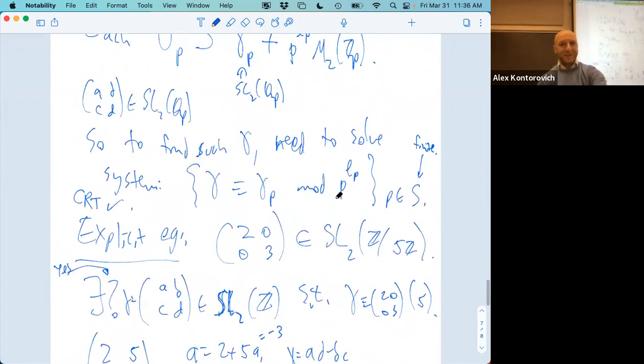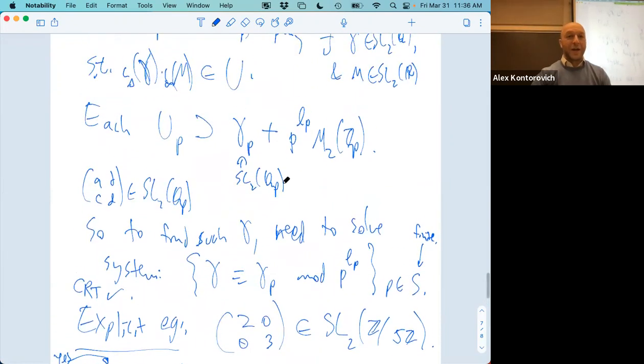And these really are rational numbers because, to be able to solve this in Z mod P, you have to multiply by P to some power to make everything rational, solve it there, and then multiply by P to that power back. Is this clear, or should I write out the details?